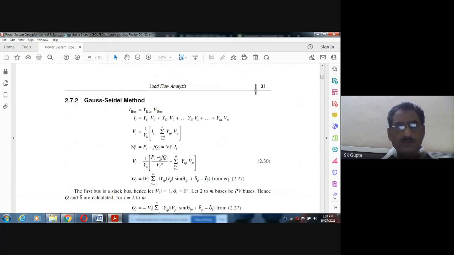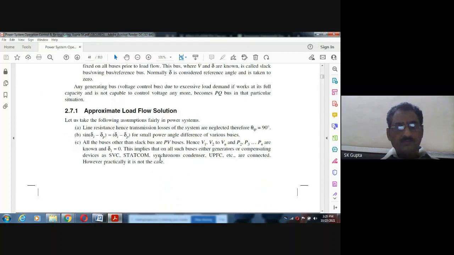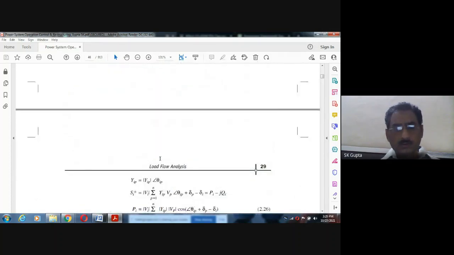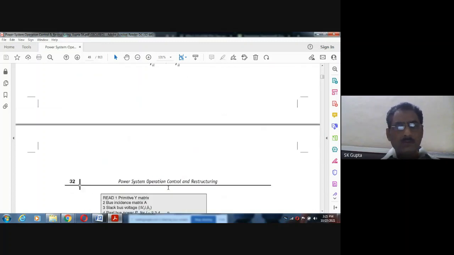The power flow equation was written. You see this, this is S complex conjugate, and this was equal to P minus jQ, and you remember this, P minus jQ is equal to this. This is the basic equation, called the power flow equation. This equation we have written again here.